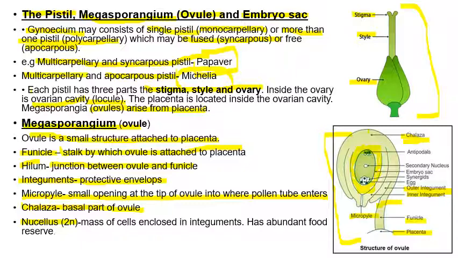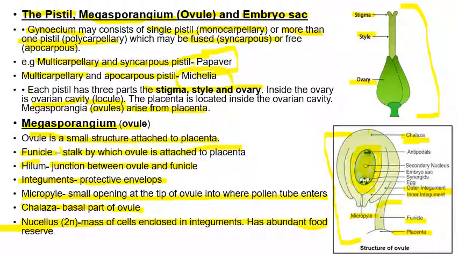Even the endosperm gets nourishment from this nucellus layer. It is a mass of cells formed with two sets of chromosomes, hence it is diploid, and it lies inside the integuments. It has abundant food reserve material, so it provides nourishment. Inside this you can see the embryo sac. This part is the embryo sac.